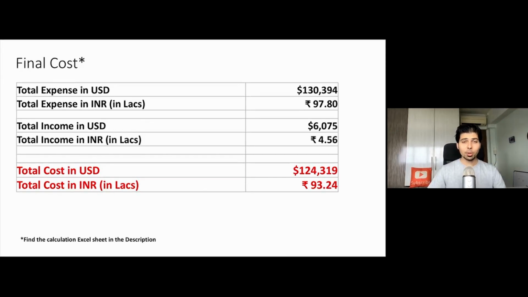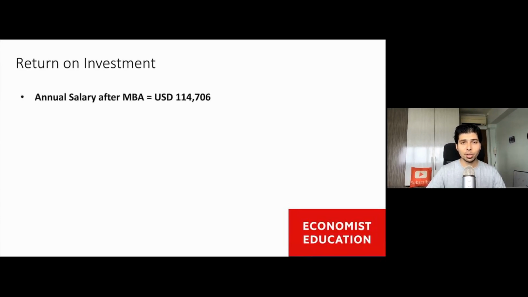So whenever we talk about the investment, we always have to talk about the returns on the investment. And in this case, the returns would be the amount of salary that you can earn after doing this MBA program. So for the salary data, I refer to the Economist Education Survey. Based on this website, after doing this MBA program, you will be able to earn around 114,000 US dollars, while the cost of this program is around 124,000 US dollars.